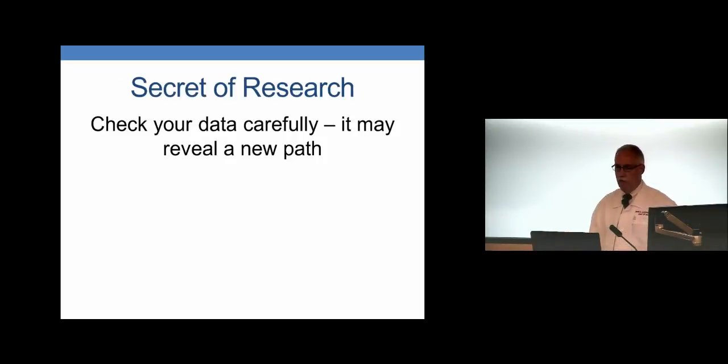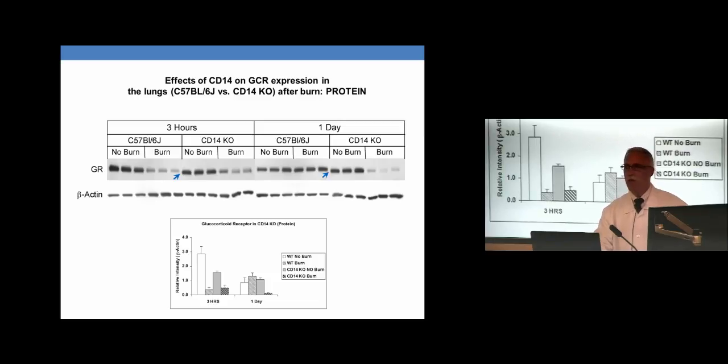One of the secrets in research is to check your data carefully. About 10, 15, maybe 12 years ago, we were doing a study looking at the glucocorticoid receptor, comparing a normal mouse and a mouse with a CD14 knockout, which is related to LPS signaling.